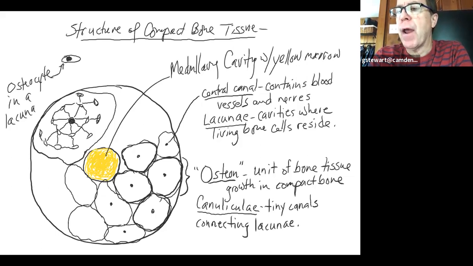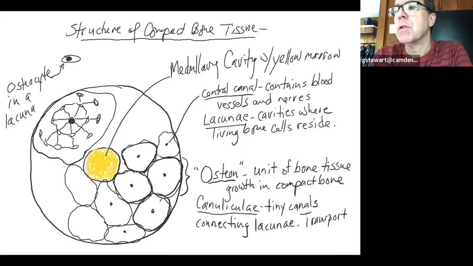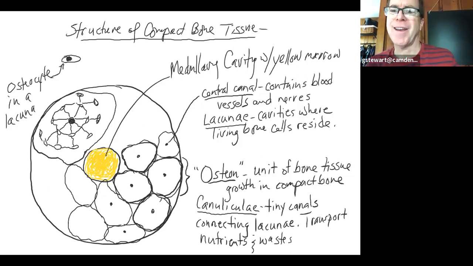And they help transport things like oxygen, nutrition, waste products, CO2, so transport nutrients and waste. So these canaliculi and this canal system is what connects our living bone cells to the source of nutrition, like blood vessels.